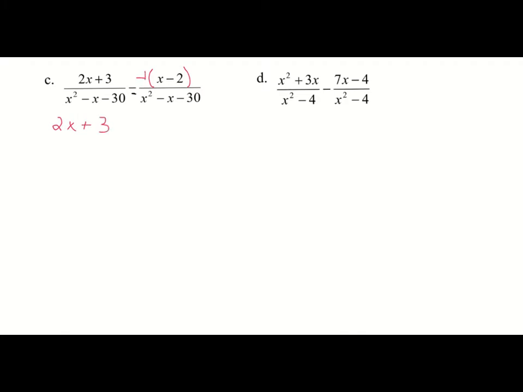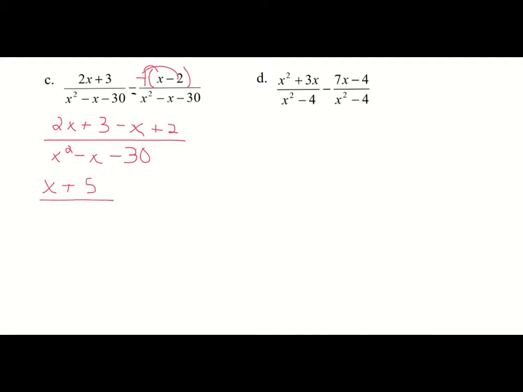When I distribute my negative 1 there, minus x, and then plus 2. And we'll keep our common denominator, so we have on the bottom x squared minus x minus 30. On the top, I do want to combine like terms, so 2x minus x will give me x. 3 plus 2 will give me plus 5.